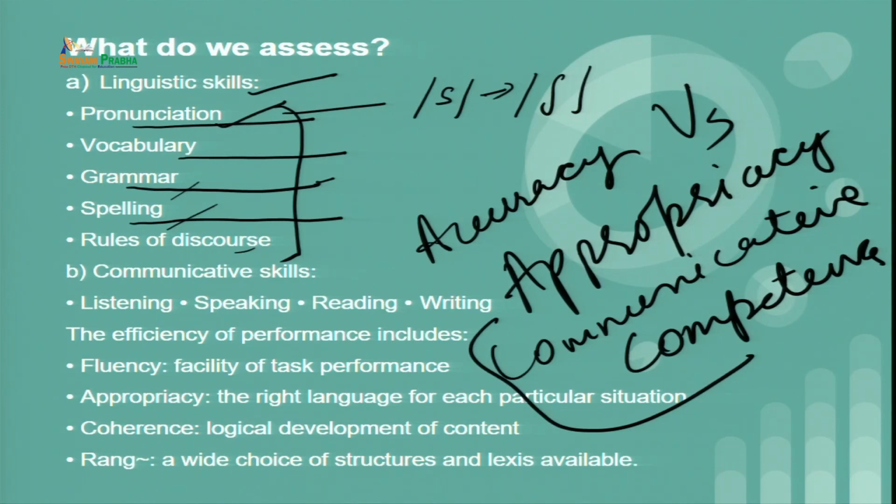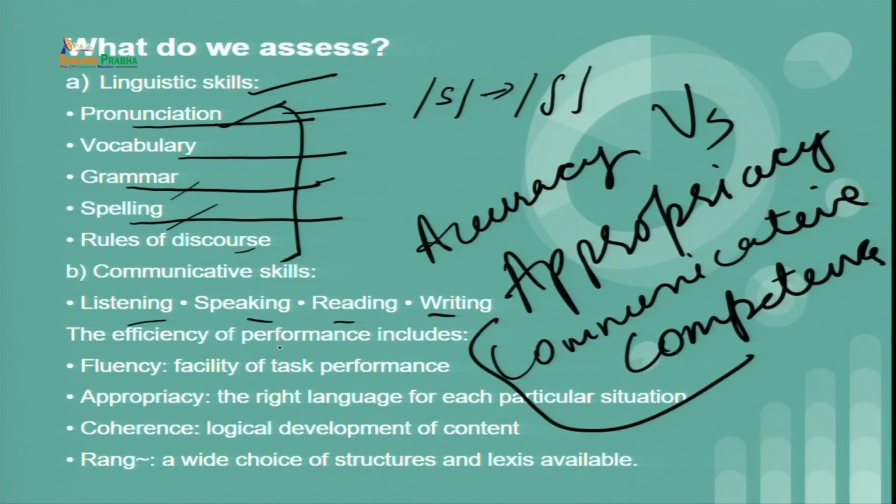So we assess communicative skills in addition to linguistic skills, and communicative skills fall under the 4 categories that are also known as the 4 skills of language. These are listening, speaking, reading, and writing.